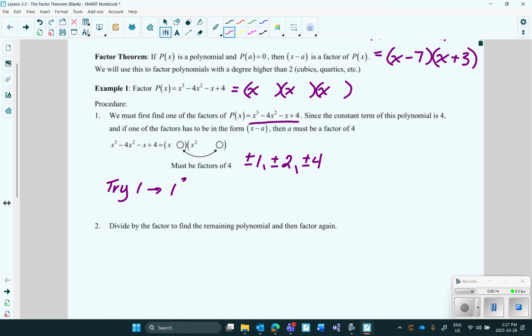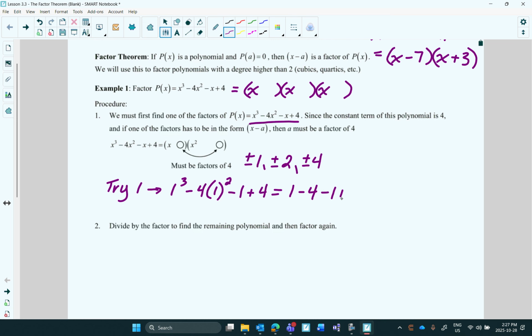So that gives me 1 cubed minus 4 times 1 squared minus 1 plus 4. So 1 cubed is 1, 4 times 1 squared is 4, and then minus 1 plus 4. Well, I've got 1 minus 4, or I get negative 3, negative 1, and negative 4 plus 4 is 0.